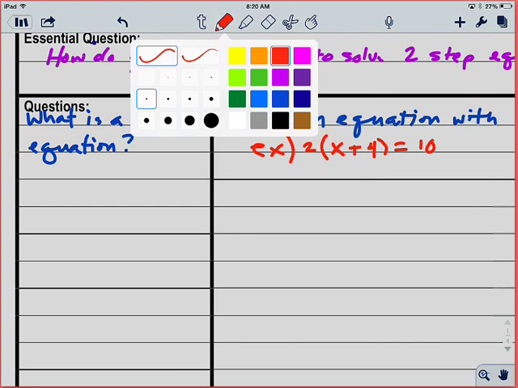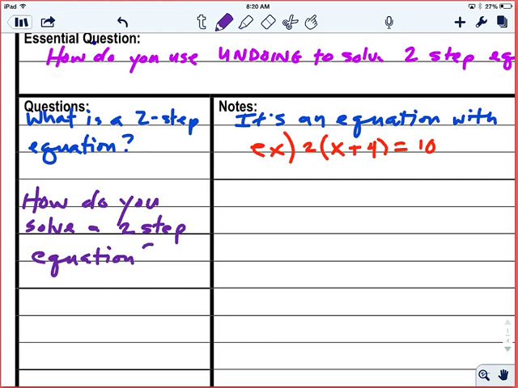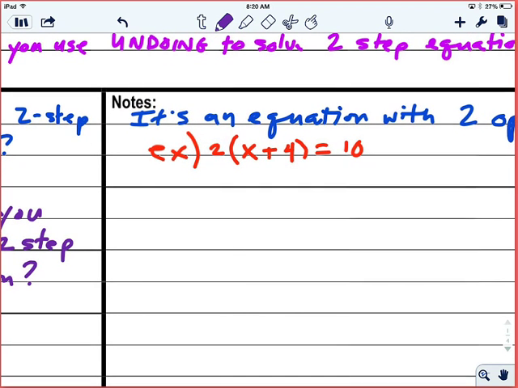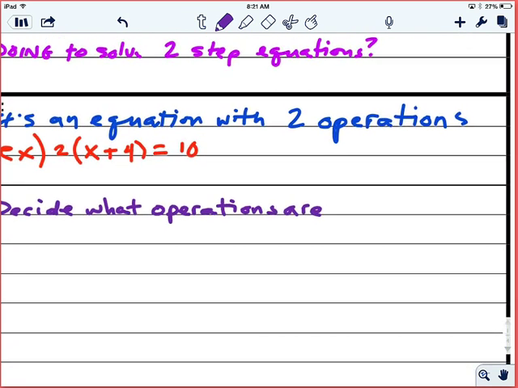And so we'll ask our next question. This will be pretty brief, I think. How do you solve a two-step equation? Step 1 is decide what operations are present.